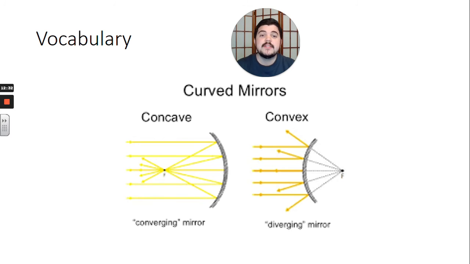Some vocabulary to finish us off. On the left, we have these curved mirrors that we saw. The converging mirror of our first example is also called a concave mirror. To help me remember that, I think about the fact that this mirror caves in, and so it's concave, caves in. And we have a convex mirror.